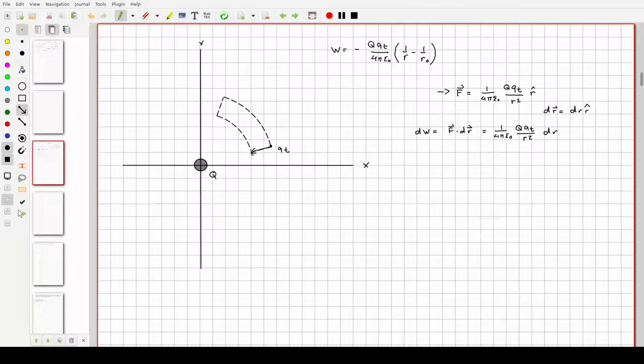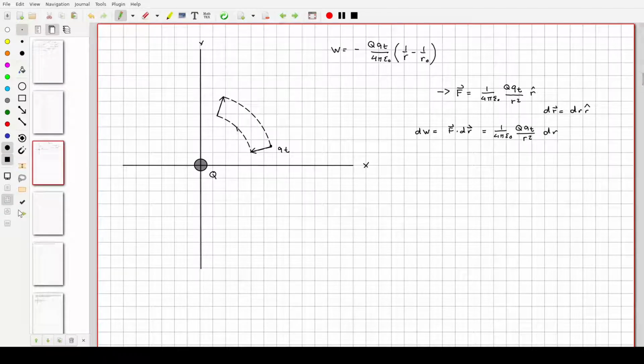And then I'm going to move it along the surface of a sphere of radius r, then out this way, and then back this way.